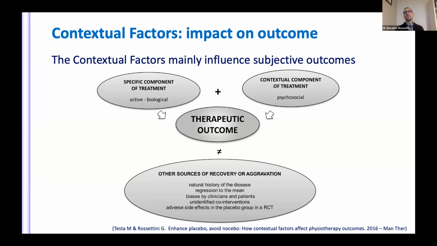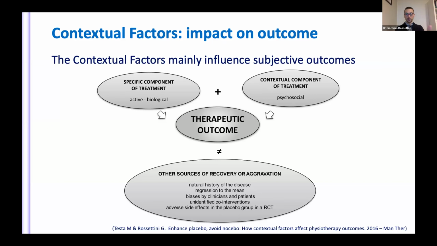However, not all the changes of therapeutic outcomes are determined by contextual factors or by the specificity of our treatment. In fact, several confounders can explain the improvement or the worsening of patients' clinical condition.